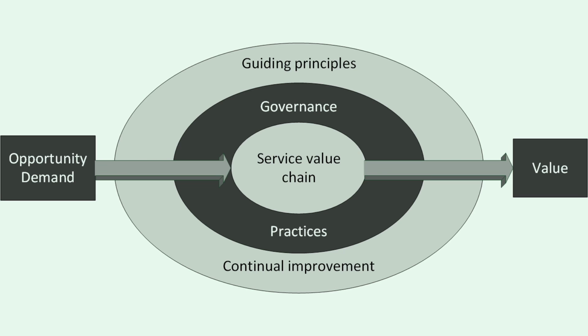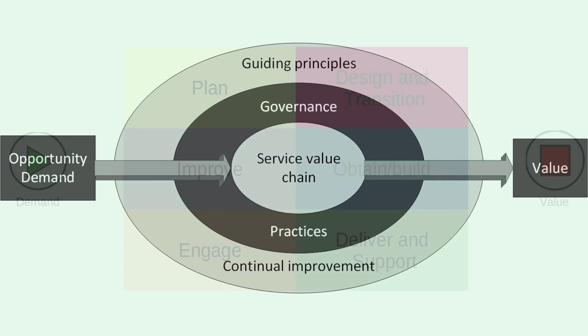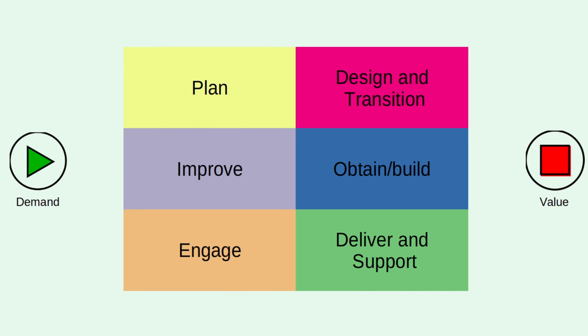Now comes ITIL 4 with its service value chain at the center. Every time we start from a demand or an opportunity, we go through this value chain to create value for our customers. And so, if we zoom into the value chain, we see that it's made up of 6 activities: plan, improve, engage, design and transition, obtain build, and deliver and support.